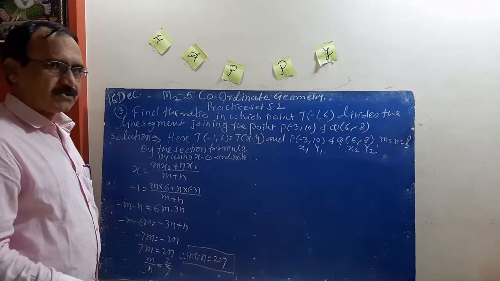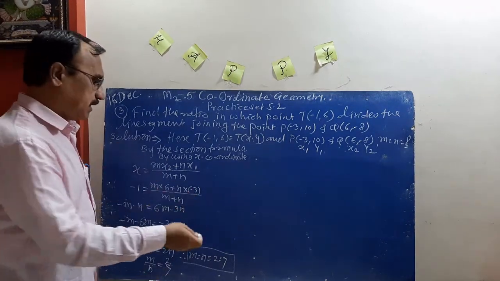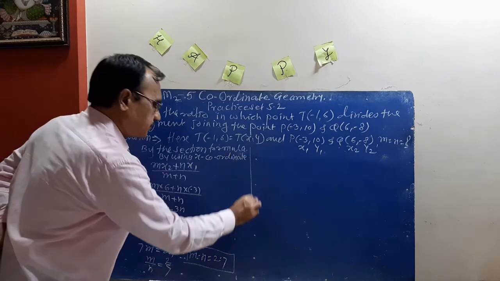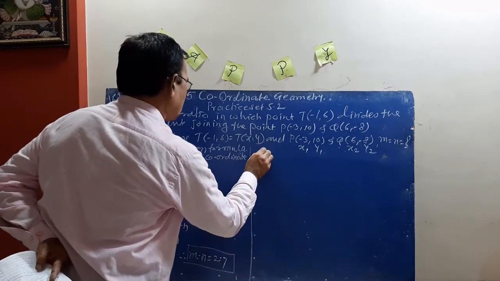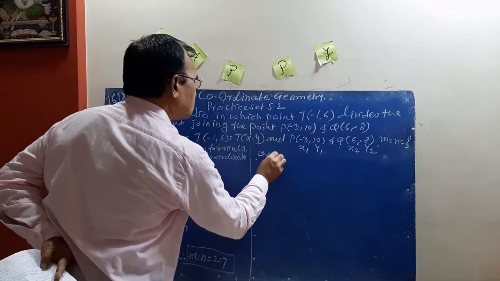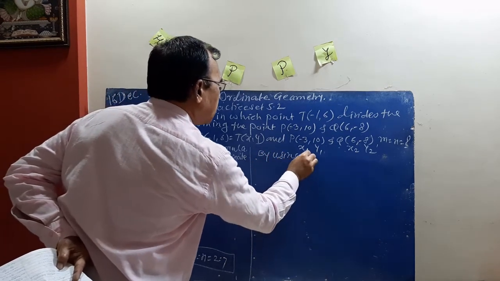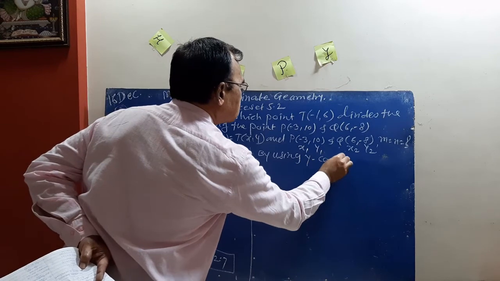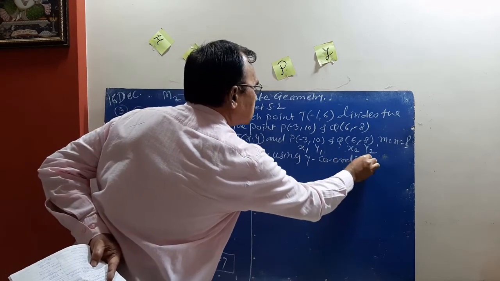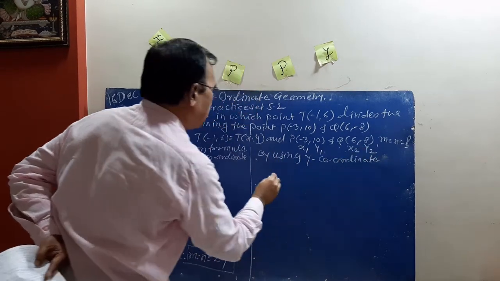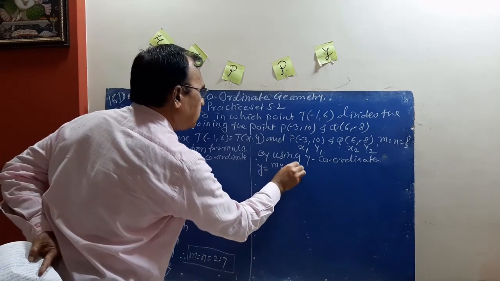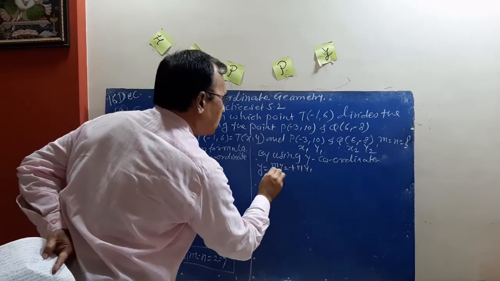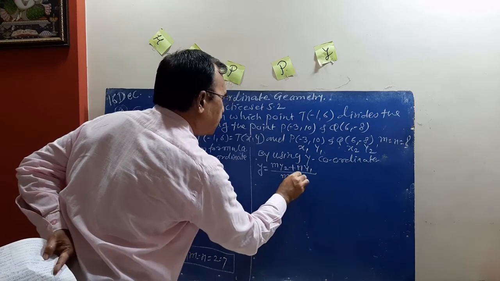Then we will also check using the y coordinate whether it is correct or not. By using the y coordinate, y is equal to (my2 plus ny1) upon (m plus n).